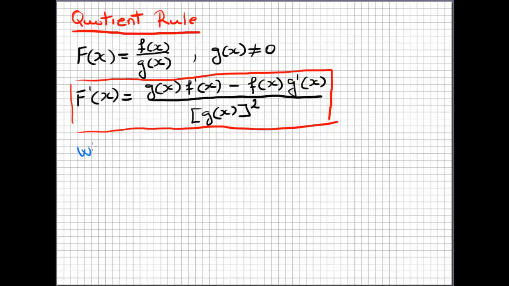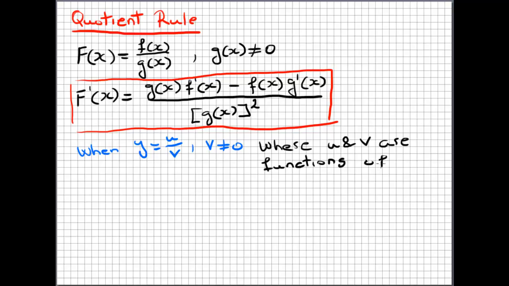When y equals u divided by v, v does not equal 0, and where u and v are functions of x, then we get that dy/dx equals v times du/dx minus u dv/dx, divided by v squared.